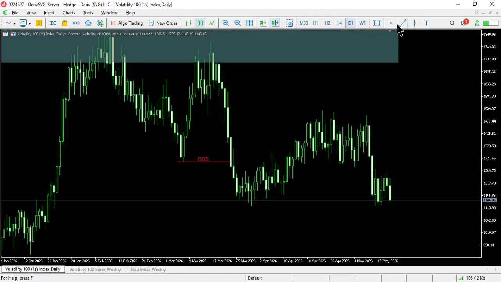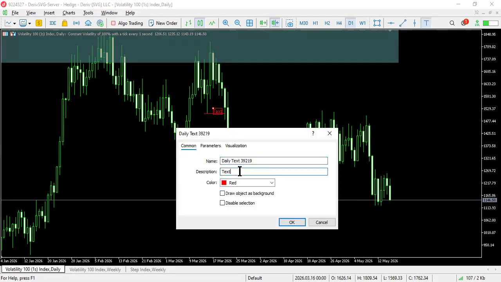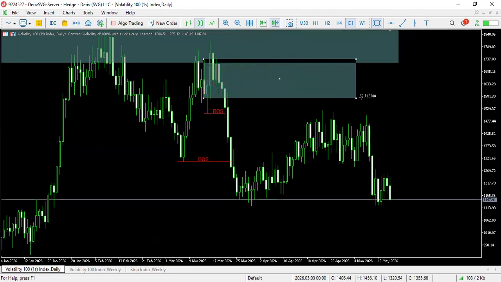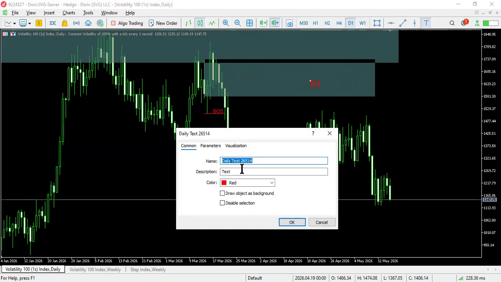And then we have this internal break of structure right there. So we have an internal break of structure, and then we always target the order block which caused the internal break of structure. In this case, it is that order block right there from the daily time frame.